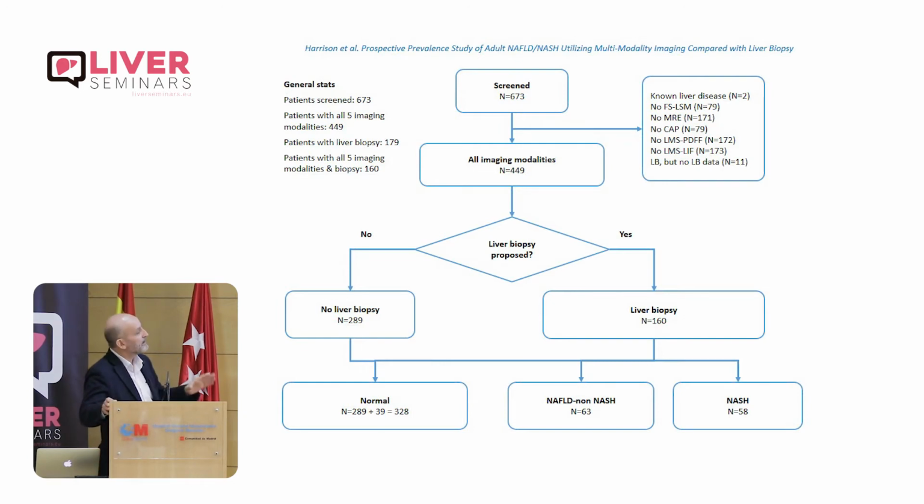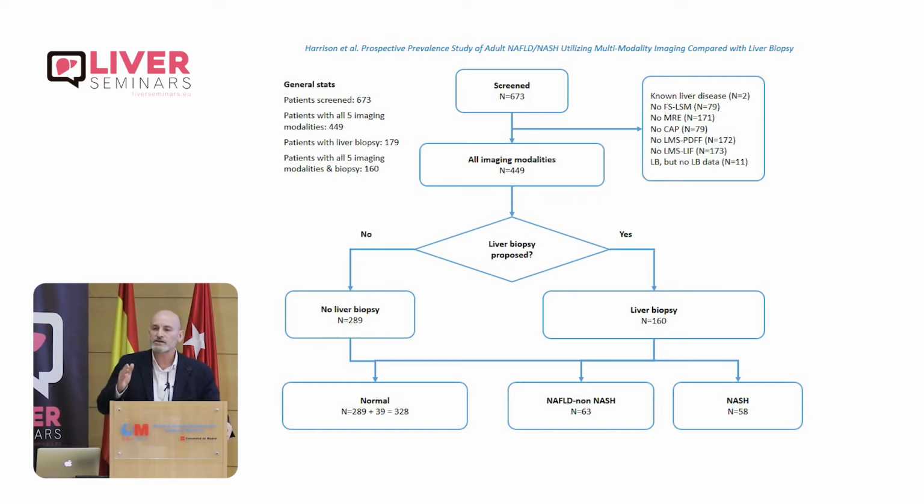This is a study from Stephen Harrison, in which, in clinical practice, they try to analyze the ability for the diagnosis of the different stages of disease, comparing LiverMultiScan, FibroScan, and magnetic resonance elastography. It includes 673 patients. At the end of the day, 449 underwent the imaging biomarker.